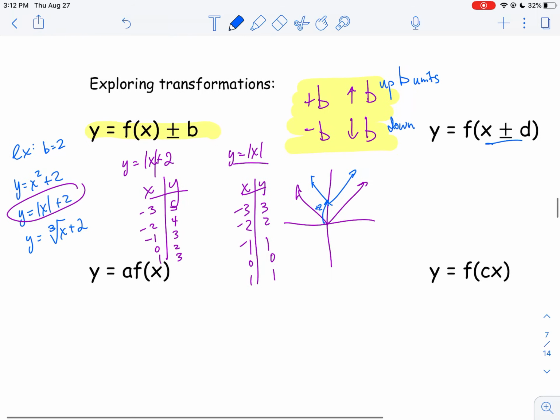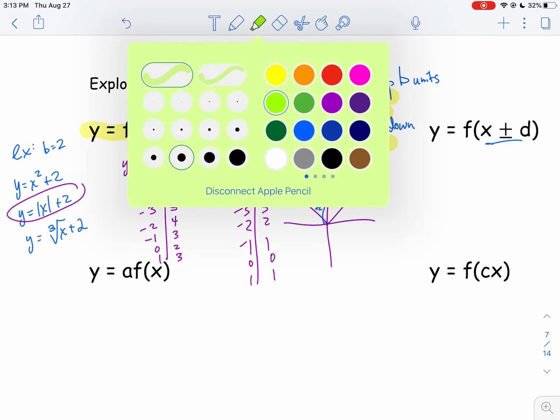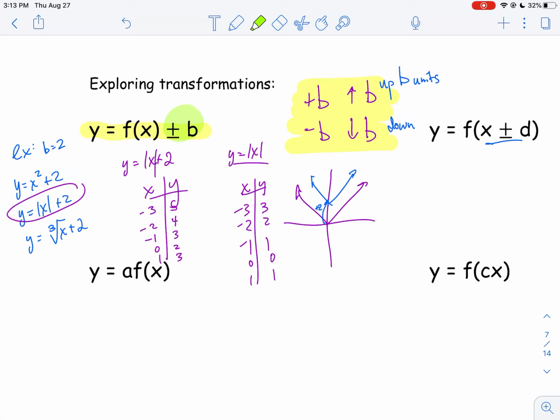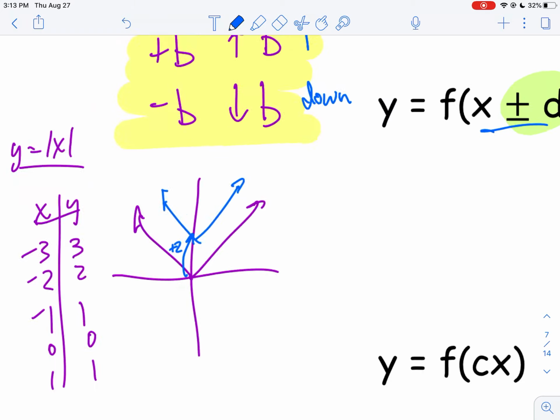Now what does this mean? X plus or minus d. How does that compare to this one over here? The contrast here: plus b is on the outside, the plus d is on the inside. So what does that look like for a function?